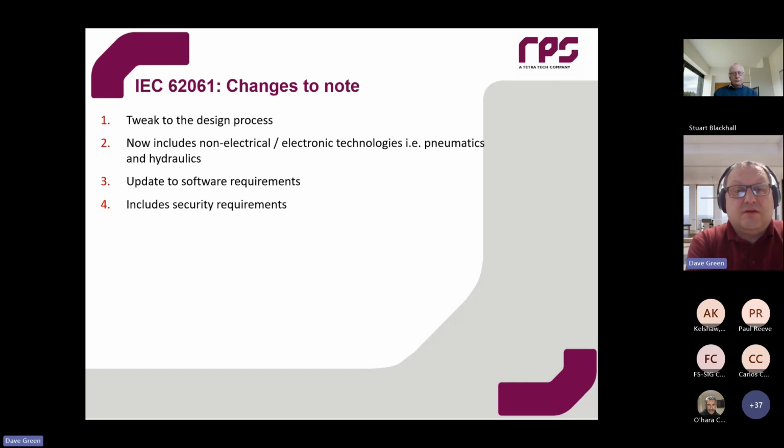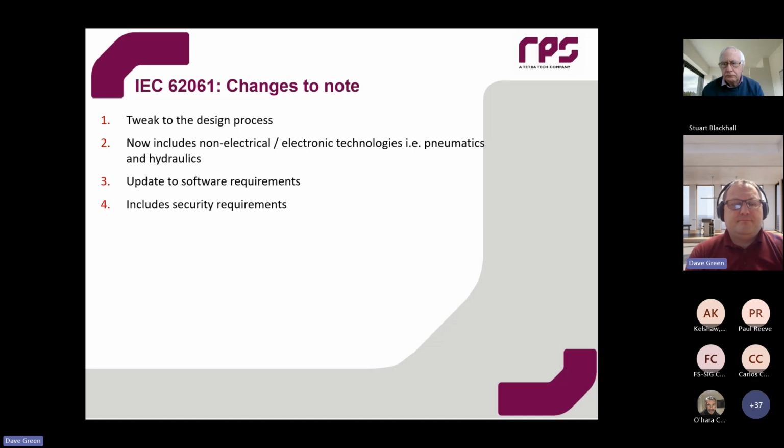There's the mention of the non-electrical technologies, so the pneumatics and hydraulics. There's been an update to the software requirements, recognising, as 61508 has and the other sector standards, full variability language, limited variability language, etc. And there's now some security requirements within 62061.